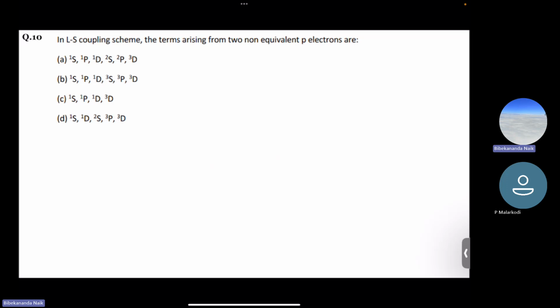So according to Pauli's exclusion principle, what does it state? Pauli's exclusion principle states that no two electrons in an atom can have all four quantum numbers equal.